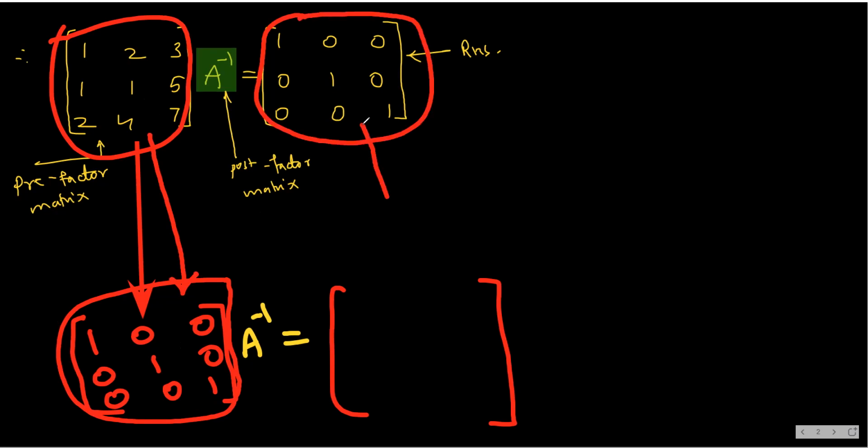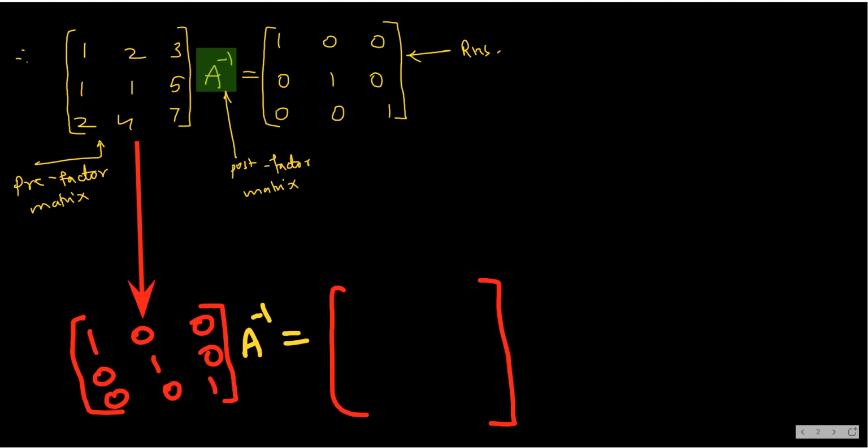Now what will happen? This will change into some other matrix. So here where you see 1 0 0, 0 1 0, 0 0 1, it will become some other matrix. What matrix will it become? I'll tell you. It might become, say, let me write here, alpha, A, beta, then B, C, delta, then E, omega, theta, something like that.